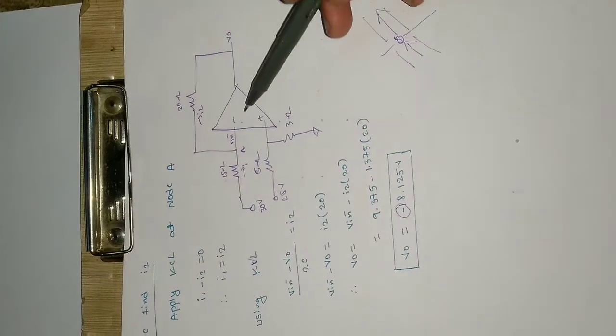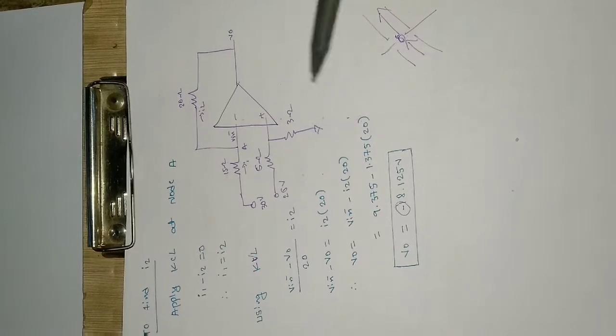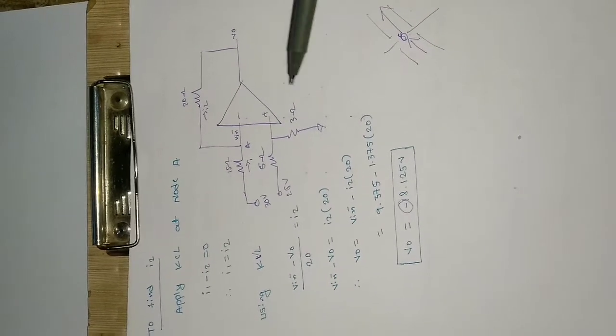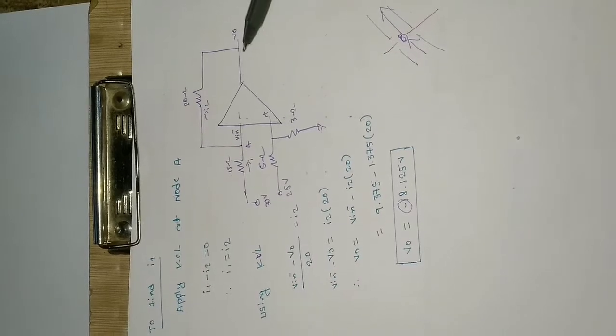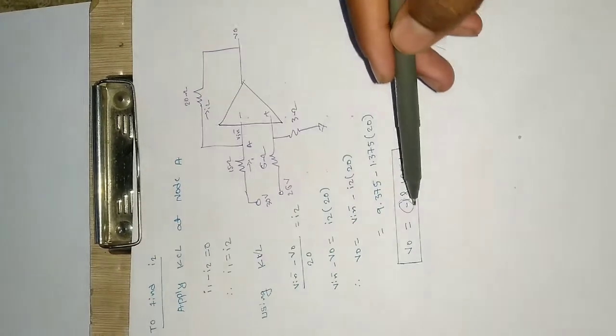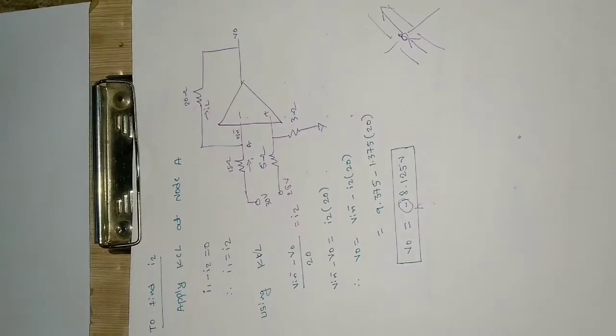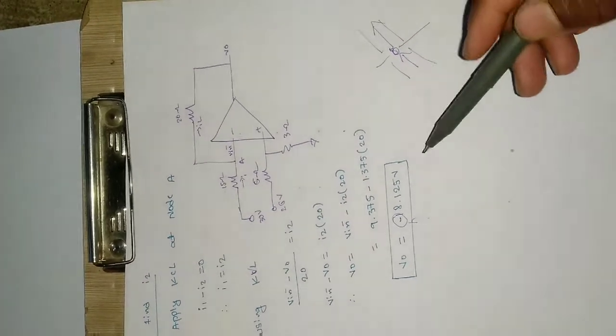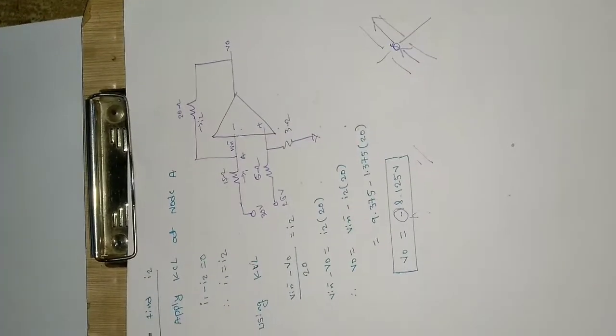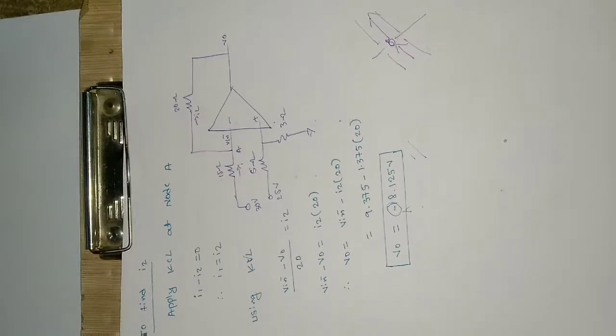So if the input is positive, then the output is going to be negative. And in the reverse case, if you apply a negative voltage, then the output is going to be positive. So this signifies the output is 180 degrees out of phase with the input. That's it. So like this we can solve the problems on the op amp.